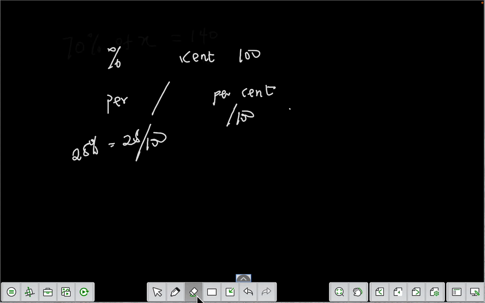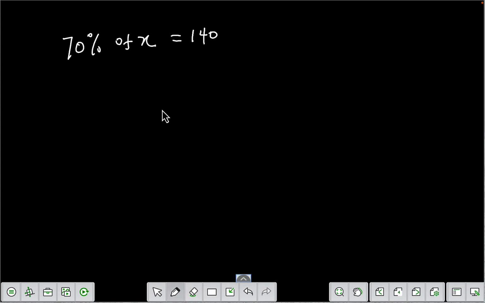So let's begin. All right, so this particular equation says 70% of x equals 140. There are two approaches that we can use, right? We already said that 70% is the same as 70 over 100. Of, in a previous video we said that of can be translated as multiplication.